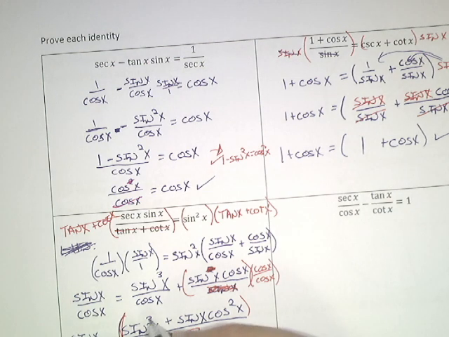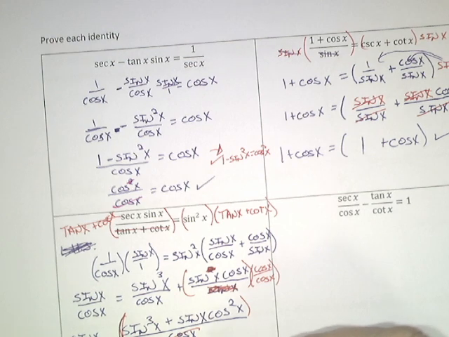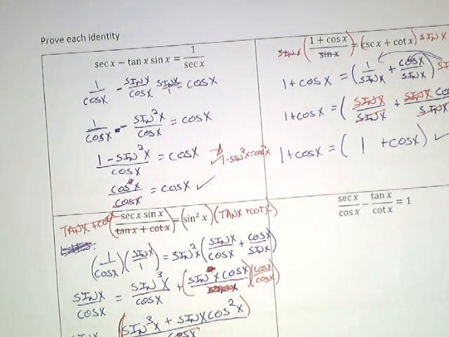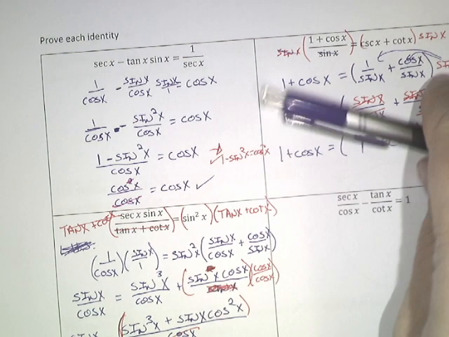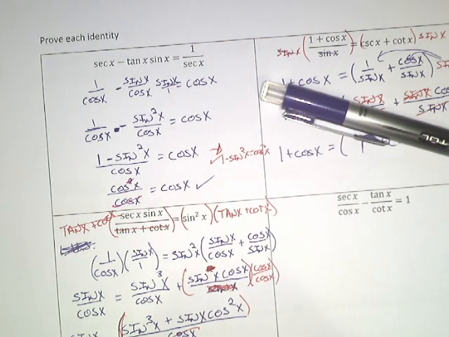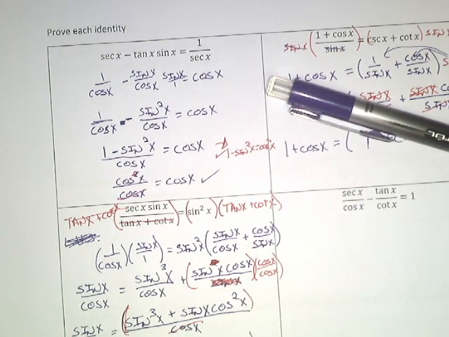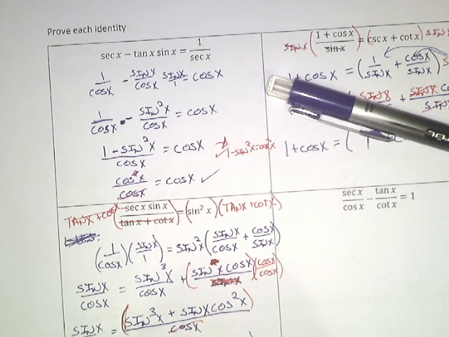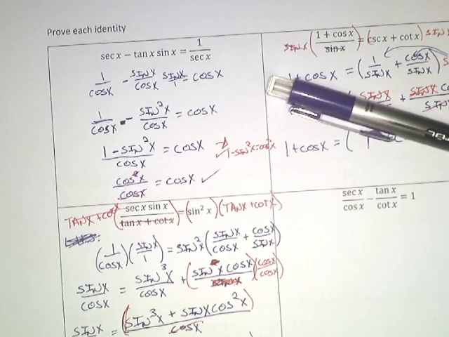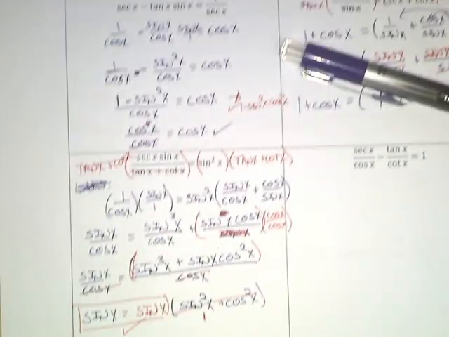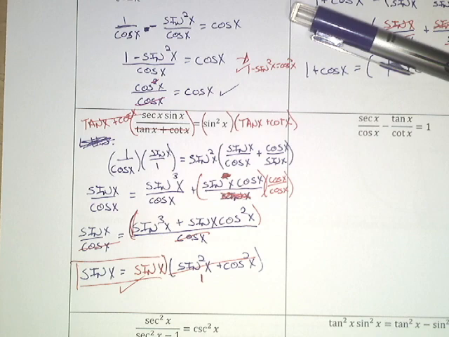So I lose 1, 3 becomes 2, and I lose this one, plus cosine squared x. Which leaves us with, this right here goes away, because it's just 1. Sine squared x plus cosine squared x, that's a Pythagorean identity. That's 1. That leaves us with sine squared x equals sine squared x, which is true. That one was fun. Oh, I hope I wasn't off the page. I just looked over my monitor. Hopefully I wasn't off the page there.